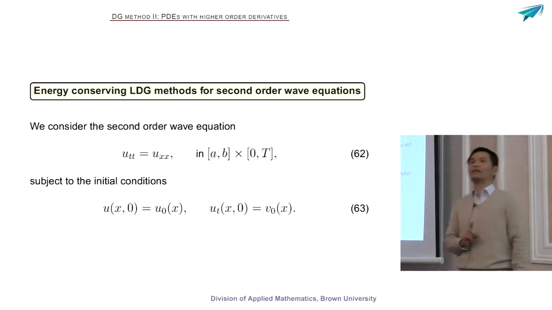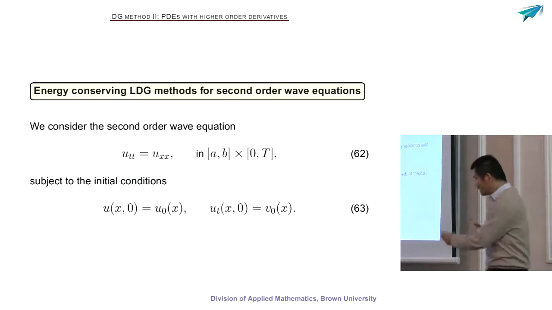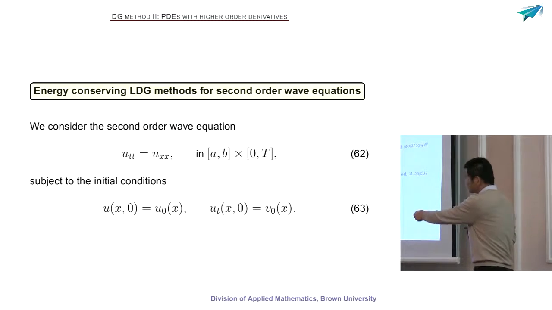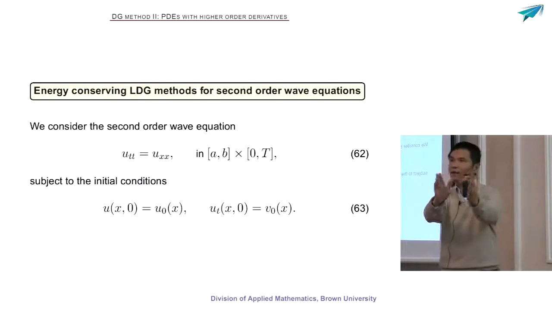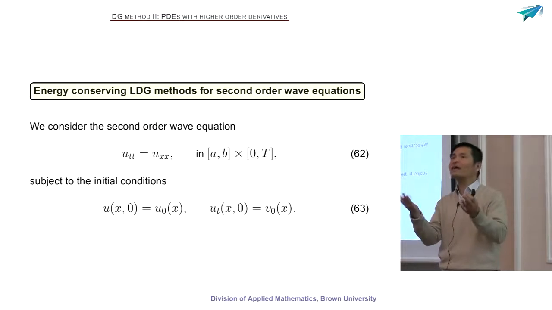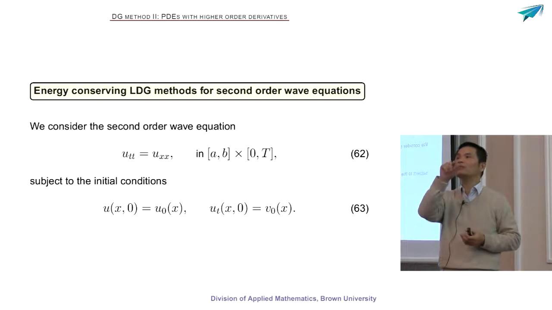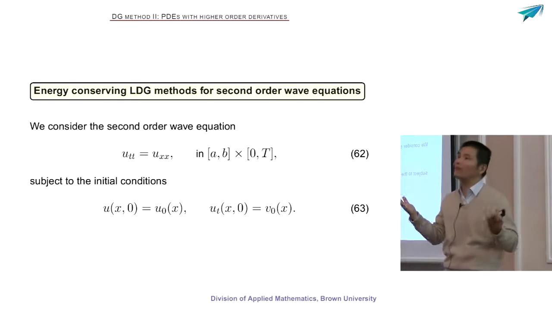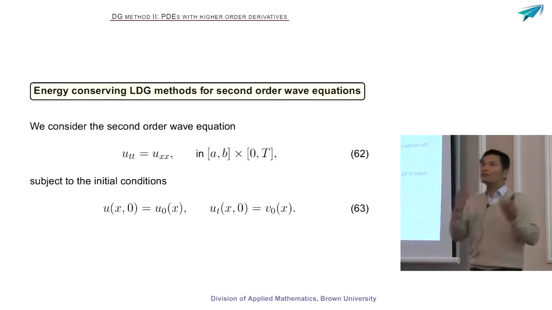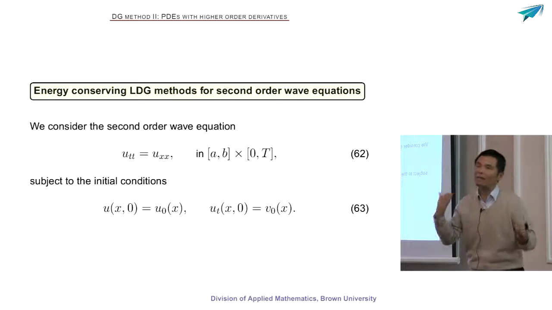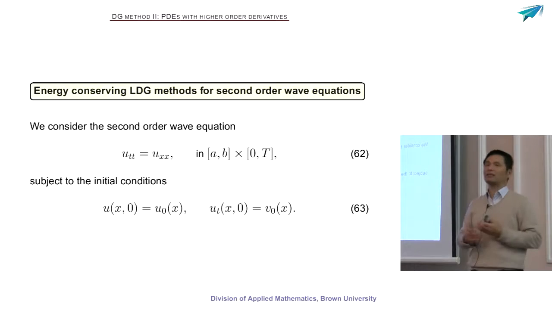But then how do you do that? Again, for this PDE, you can rewrite it into a hyperbolic system. Once you write it that way, it's a standard hyperbolic system, U_t equals capital A times U_x, a 2x2 system. For that, you can use upwind flux and get an upwind scheme, which is energy dissipative.